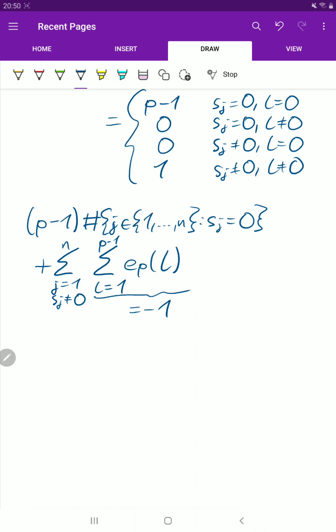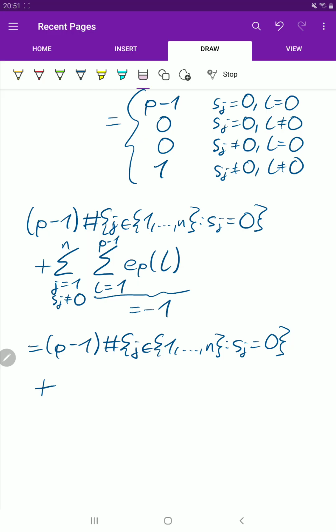So let's put everything together. The whole thing is now equal to p minus 1 times the cardinality of the set of j from 1 to n where Sj is equal to 0, minus, because we have the minus 1 from the sum, and now we sum a bunch of 1s, and how many 1s are these?